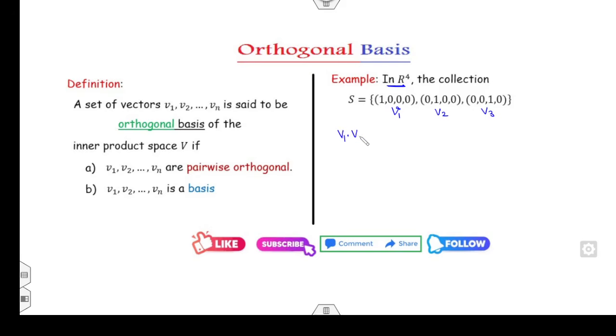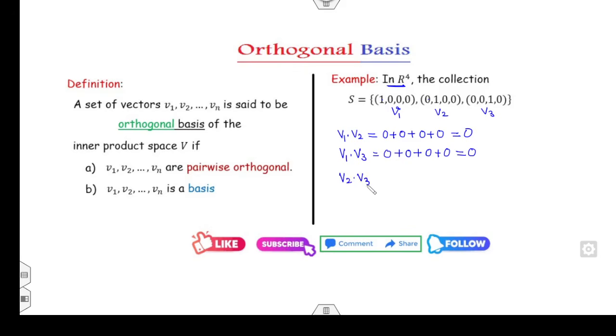Then what is v1 dot v2? How do you take the dot product? The first element multiplied with the first element, the second with the second, the third with the third, the fourth with the fourth, and that is 0. For v1 dot v3, again the first element with the first, the second with the second, the third with the third, the fourth with the fourth.